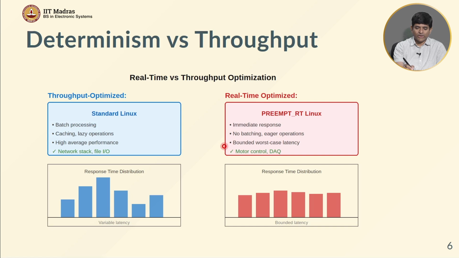Now, as you can see, the places where you want real-time Linux, if you think about it, motor control, data acquisition and so on, are unlikely to be working at extremely high rates. You are probably talking more in the kilohertz or hundreds of kilohertz to possibly megahertz range, but probably not in the gigahertz range, right?